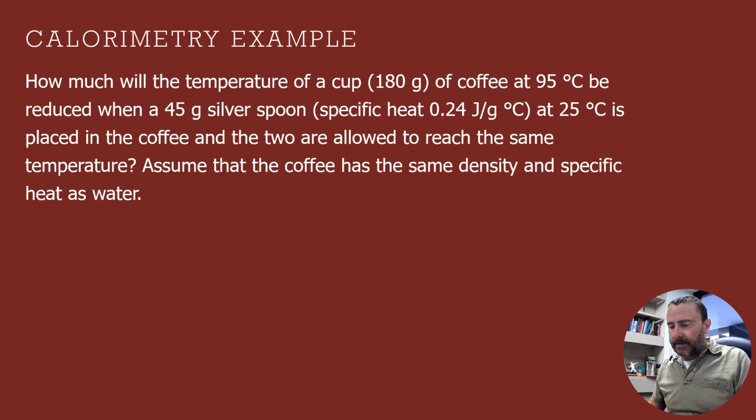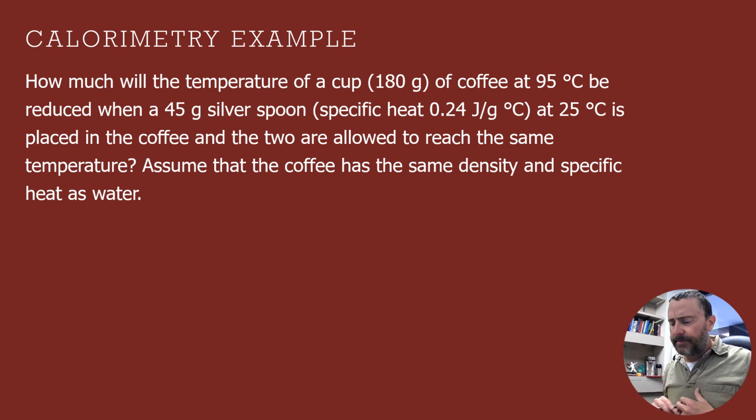So let's solve a calorimetry example here. It says, how much will the temperature of a cup of coffee, which is 180 grams, at 95 degrees Celsius, be reduced if we place a 45-gram spoon with its specific heat there at 25 degrees Celsius?